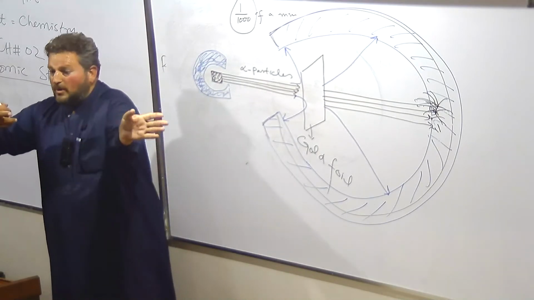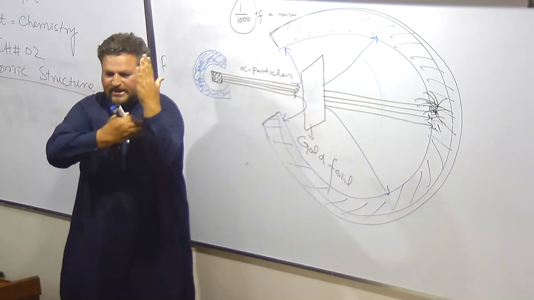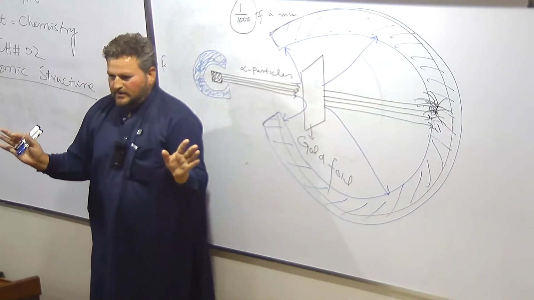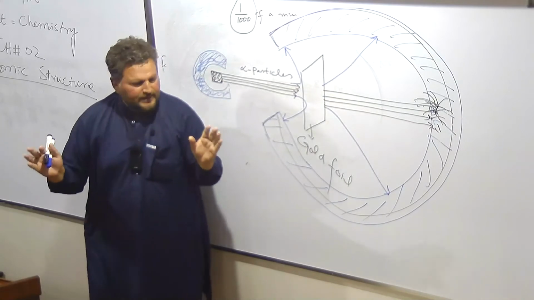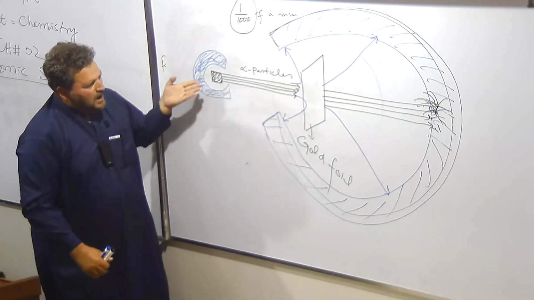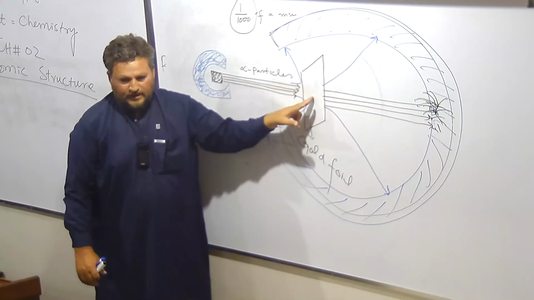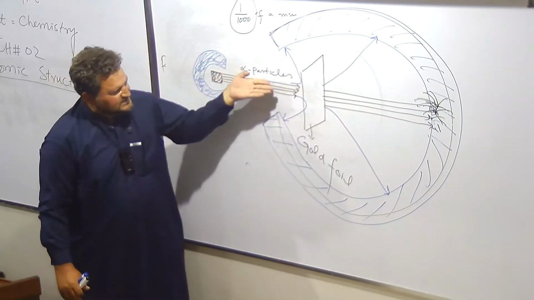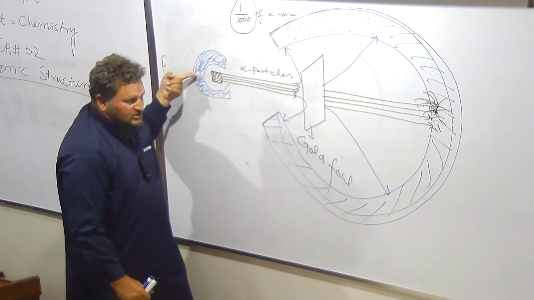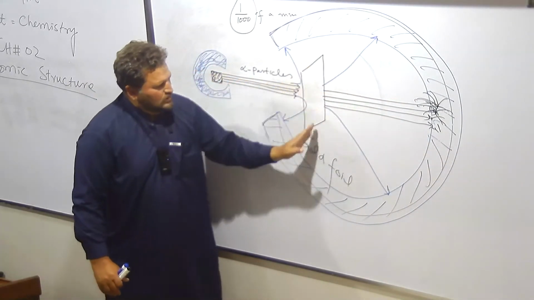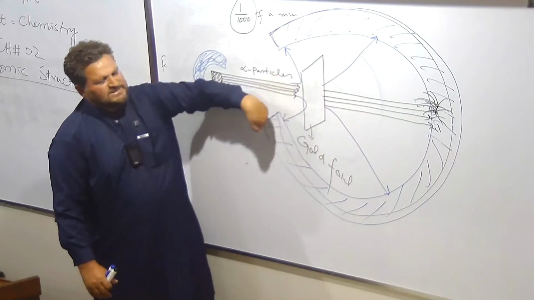Artillery shell, top ka gola, strikes a tissue paper and comes back. Is it possible? Never. In the same way, this gold foil was just like a tissue paper. These are the artillery shells. They must go straight and pass this thin gold foil. Why was it deflected?